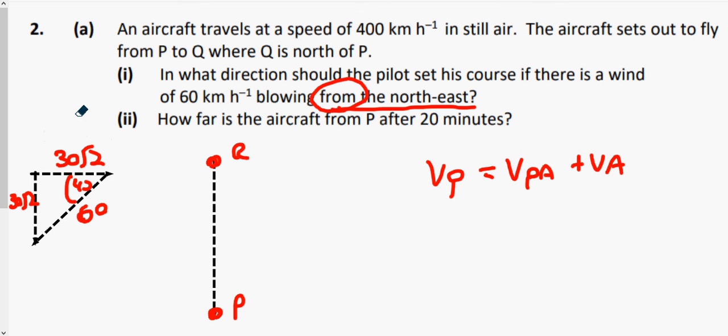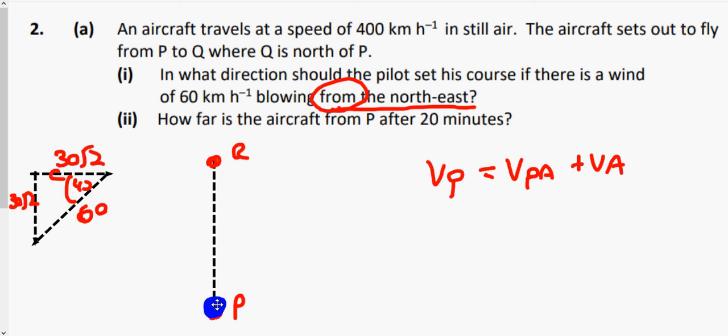Now, okay. Well, this actually comes in quite easy now, doesn't it? What way is the plane? This blue dot. If you aim straight up, what happens? You get blown 30 root 2 to the left.